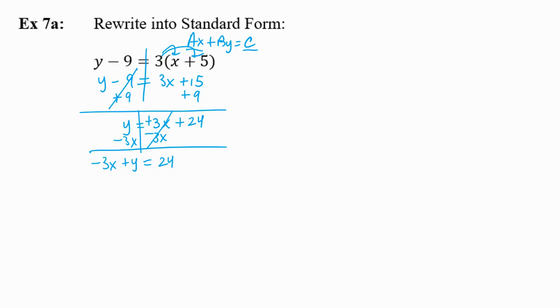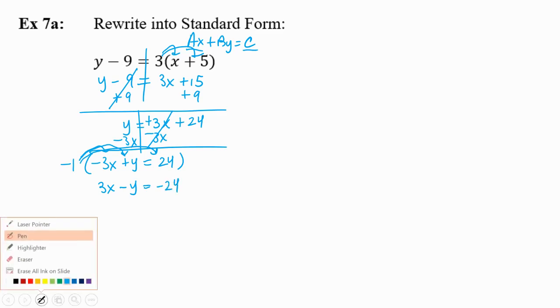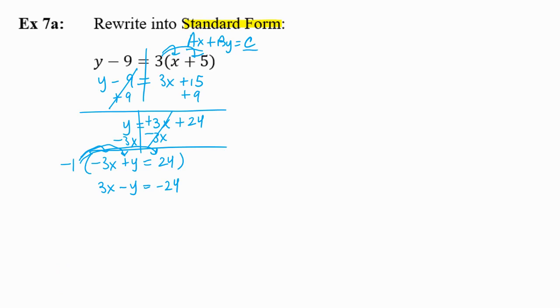A, b, c are integers, but a needs to be positive, so I'll distribute a negative 1. Negative 1 times negative 3x will give me positive 3x. Negative 1 times y will give me minus y. And negative 1 times a positive 24 will give me a minus 24. Okay, so standard form is 3x minus y is equal to negative 24.